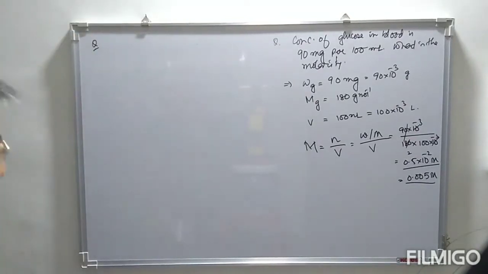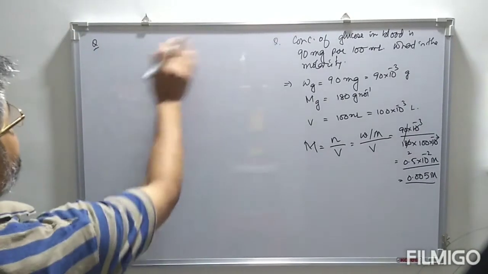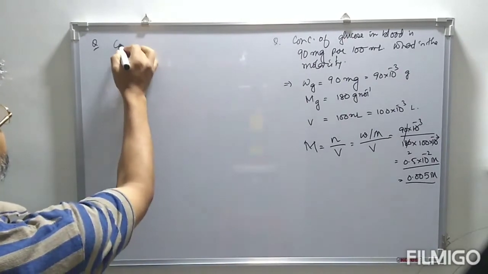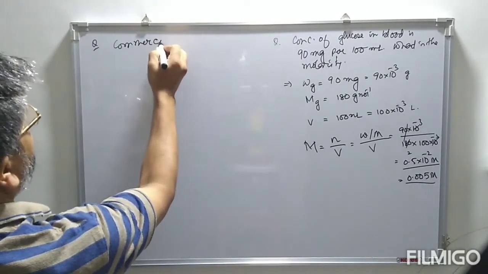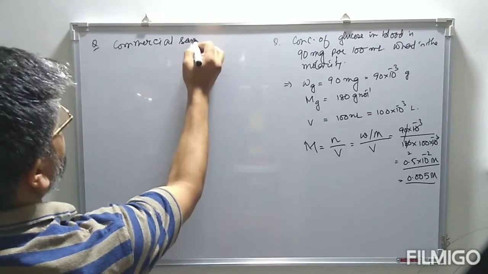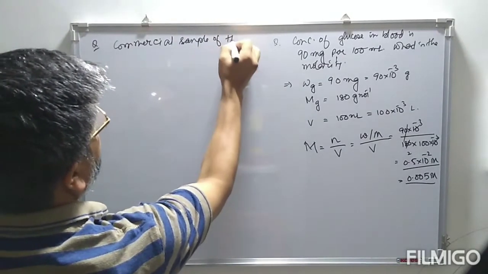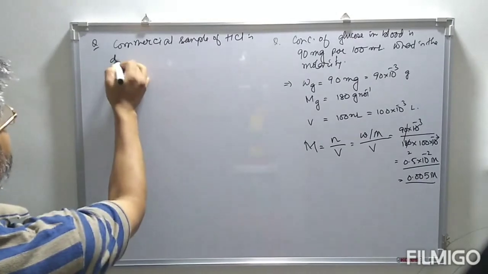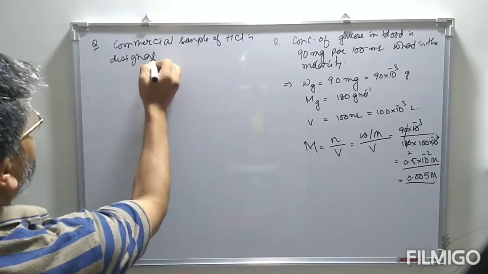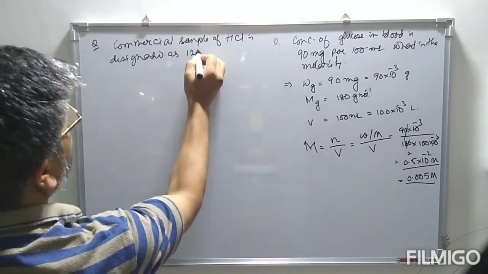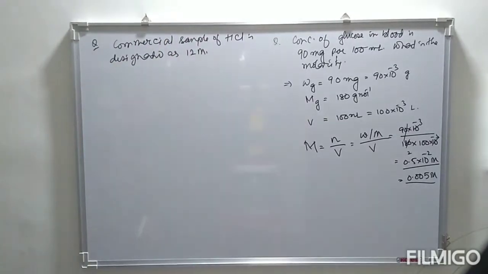Let me take up one more question. A commercial sample of HCl is designated as 12 molar.